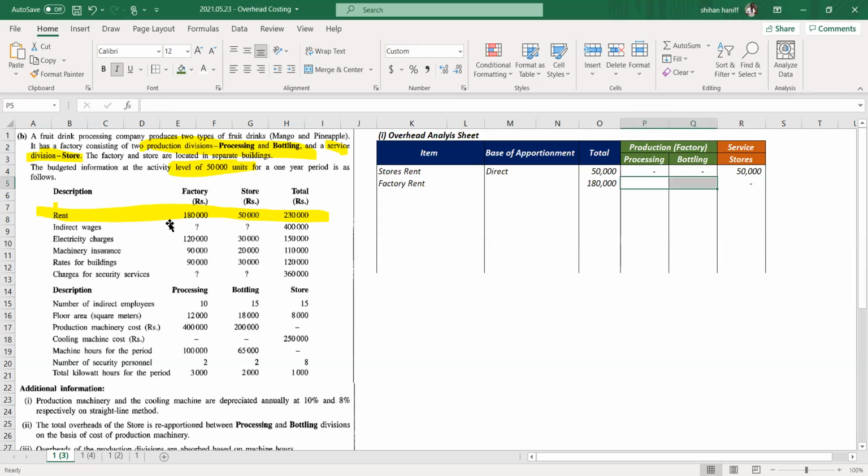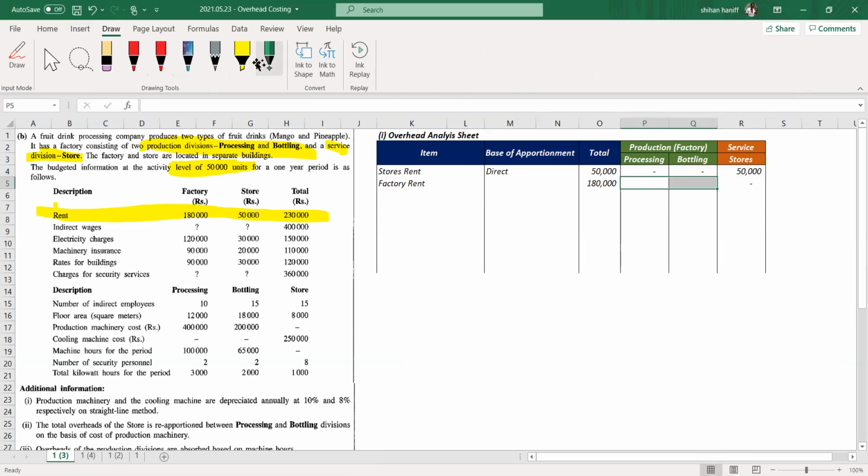How much is for bottling? What is the basis that you have to take in order to divide the rent for processing and bottling? We have to take what? The floor area.